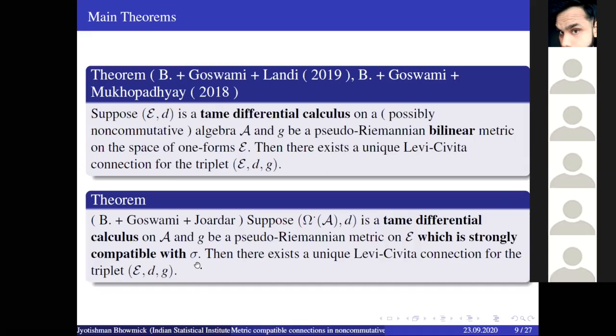To define a metric, you will need an analog of a flip map. If you start with the same differential calculus, then automatically you have some flip map. In this setup, we also had a theorem, just to show that there are indeed some interesting examples.